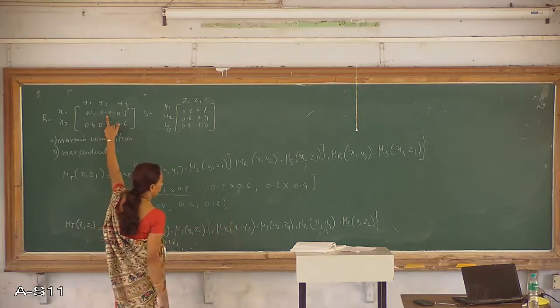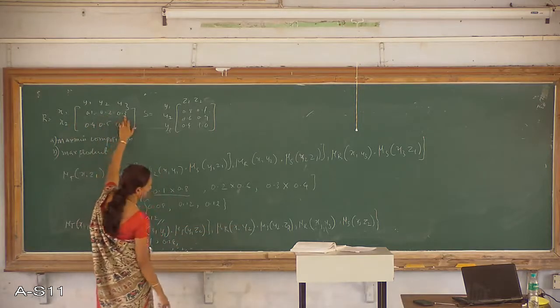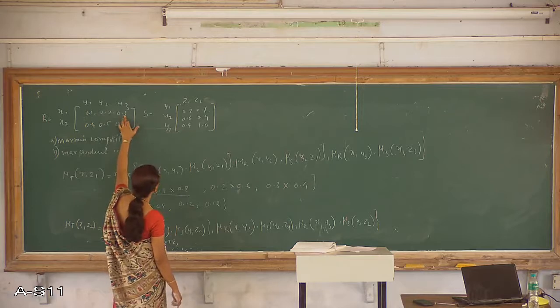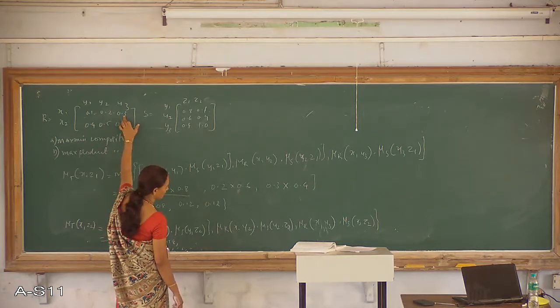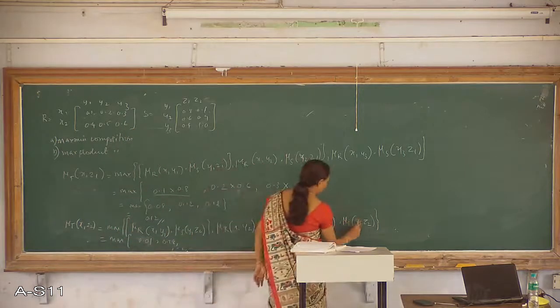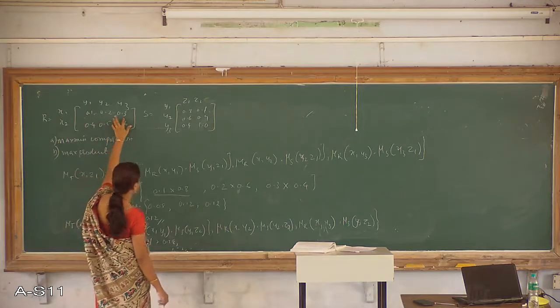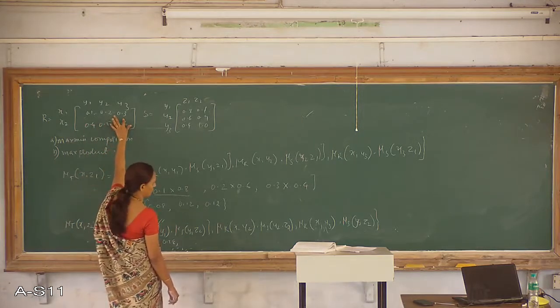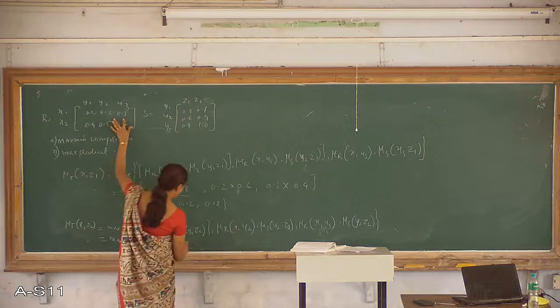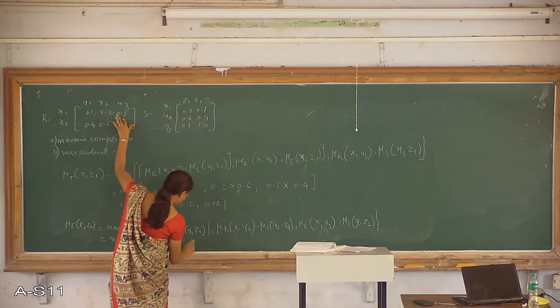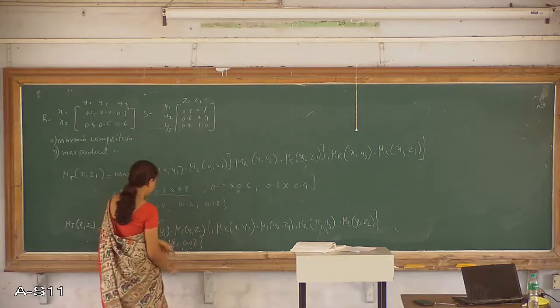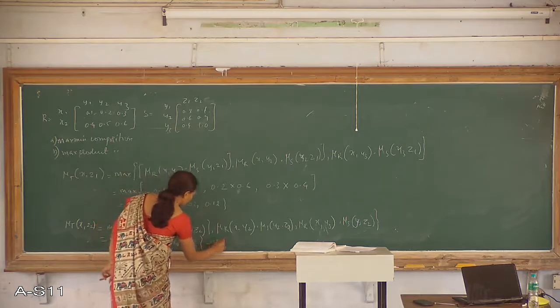Then you have x1 y3. x1 y3 is 0.3 and y3 z2 will be 0.1, so it will be 0.03. So max among these will be 0.18, so your answer will be 0.18.